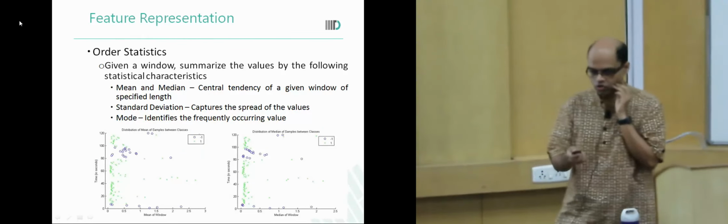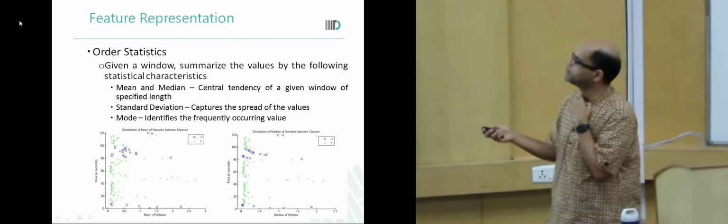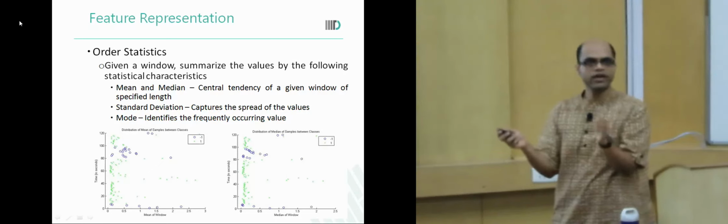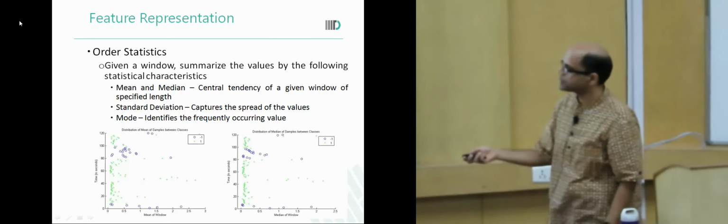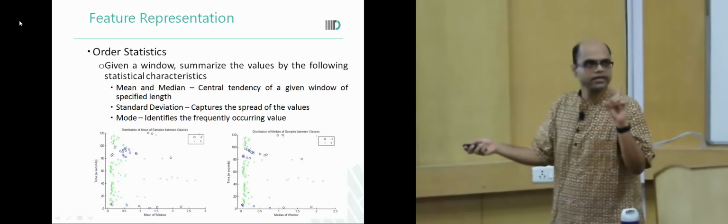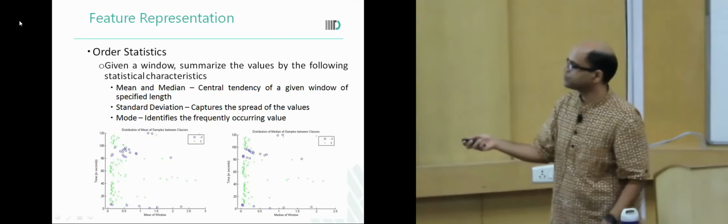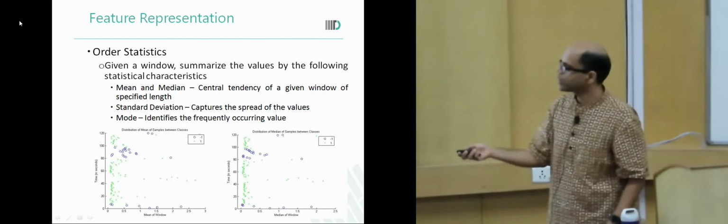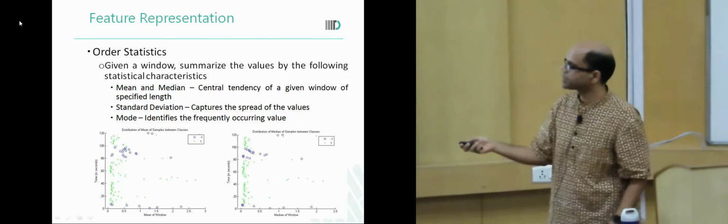I talked about these order statistics like mean, median, standard deviation, mode, and we tried all of that. Let's take the mean. This is the time, and you're doing one activity at a time, let's say. This is labeled data, so we know which activity you're doing. You're doing one activity, and then this is your second activity, and this is again the first activity.